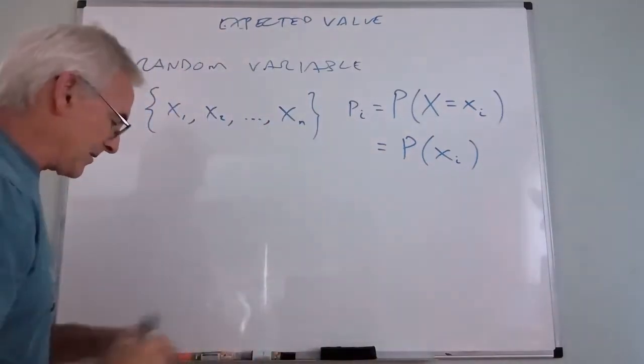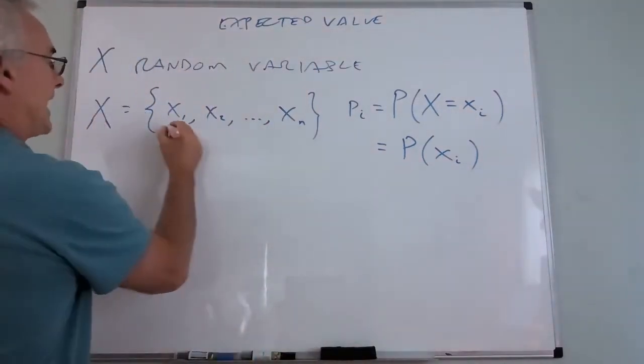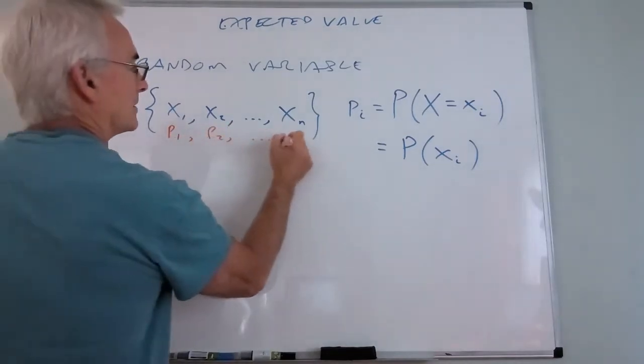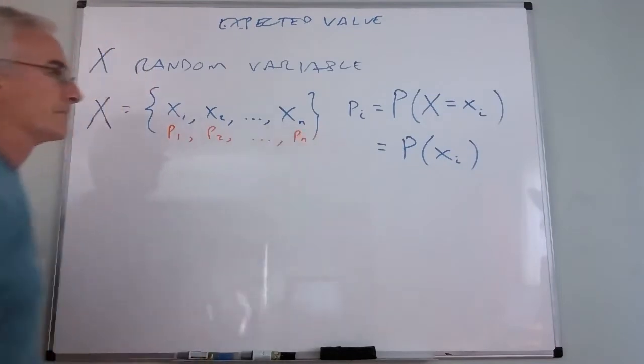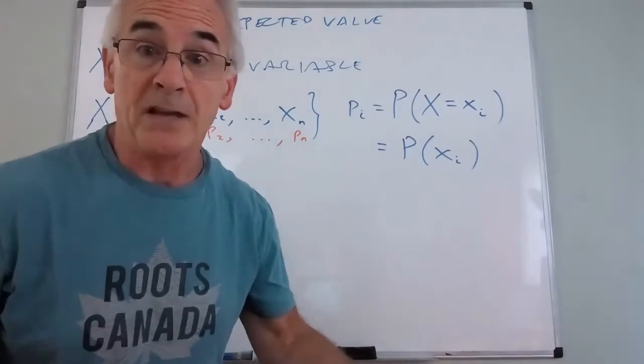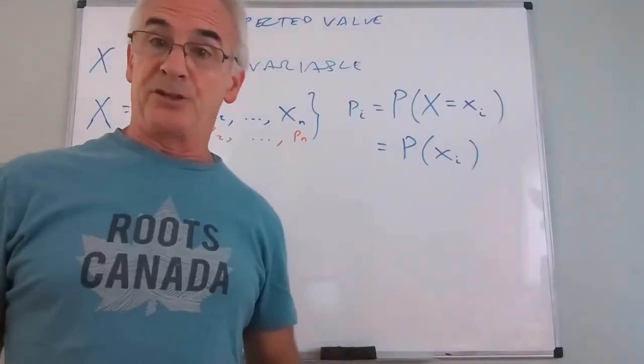So each of these outcomes has an associated probability. These are little p's.